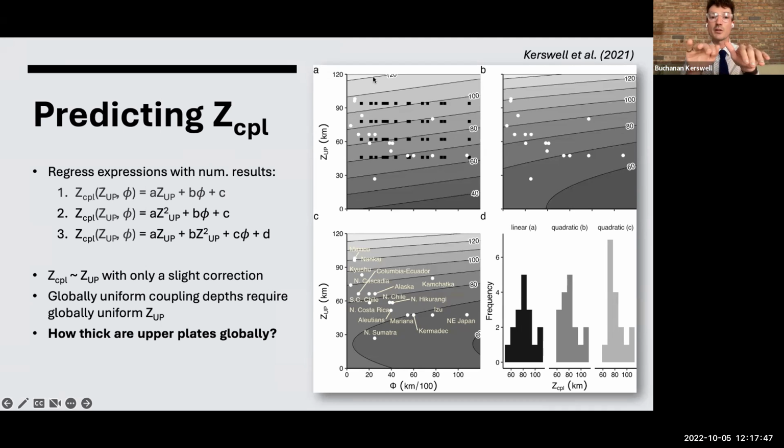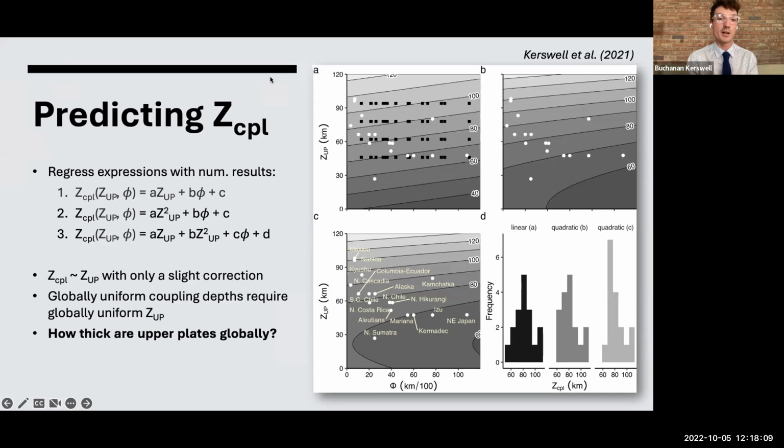The contours themselves represent the coupling depth. The x-axis is thermal parameter. The y-axis is upper plate thickness. And the white data points are empirical data.